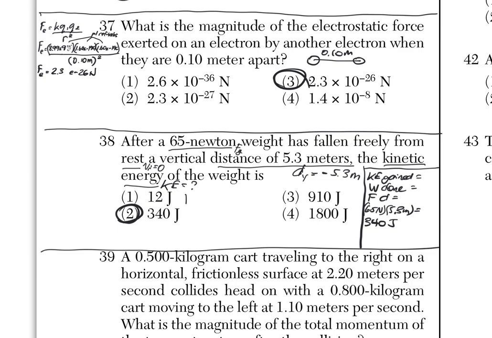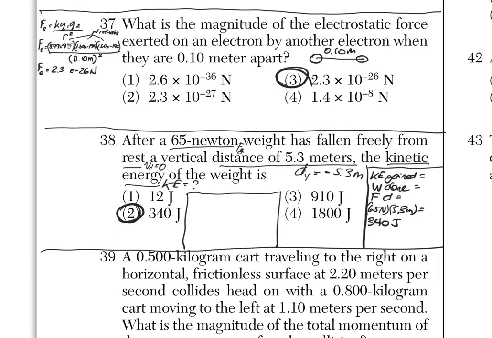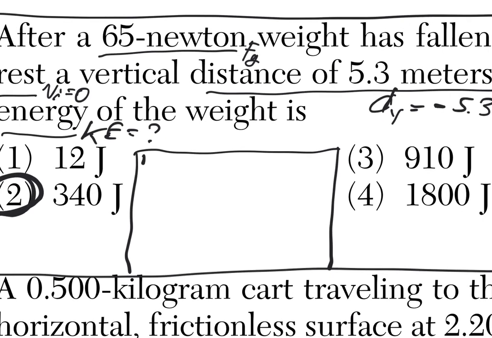Another way that you can do that, I'm going to put it in this box right here, is say, well, I'm looking for kinetic energy, and kinetic energy is 1/2 mv squared, right? And so I know I can treat this as a free fall problem, and I can say Vf squared is Vi squared plus 2AD. Vi, falling from rest, is 0.